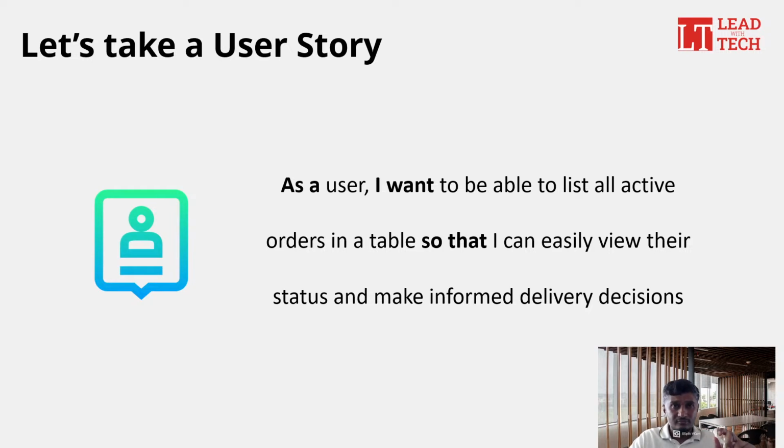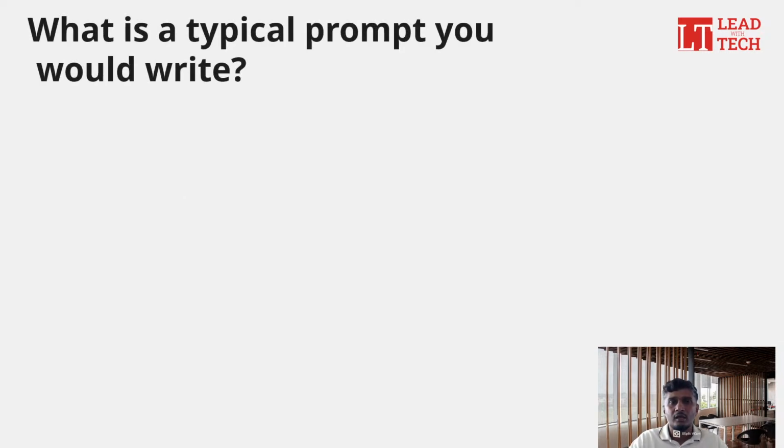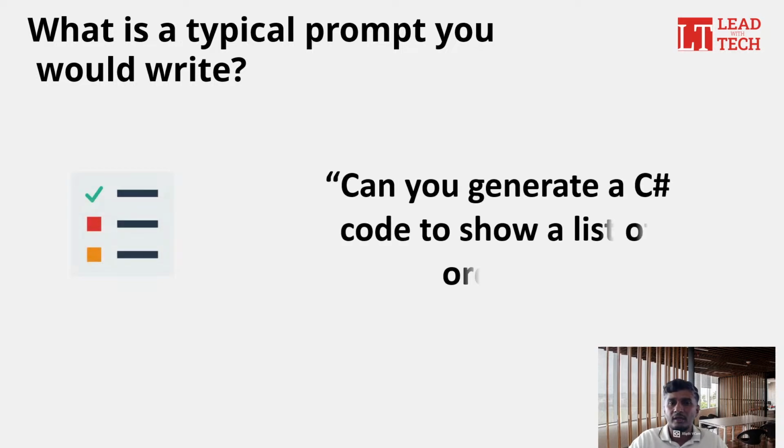Now, what immediately came to my mind when I wrote this story is the first prompt I would write. It would look like this: Can you generate a C# code to show a list of orders?